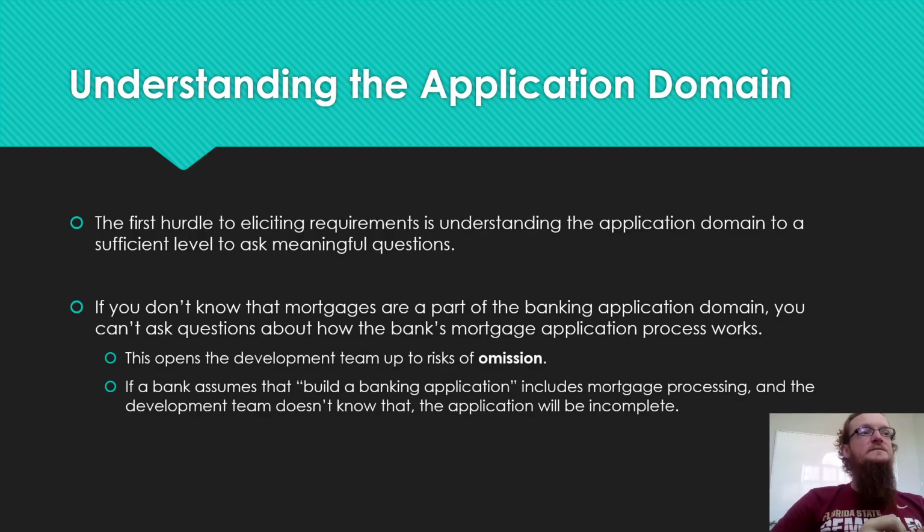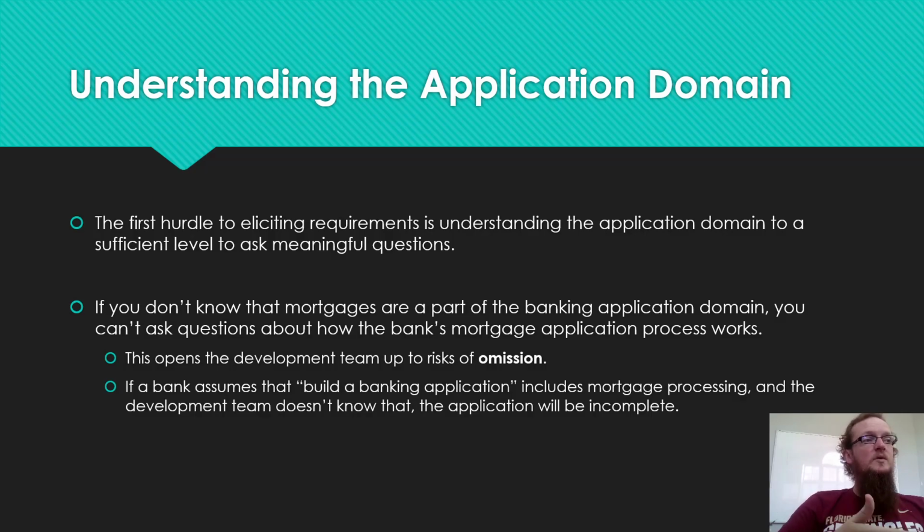And what this does is it opens the development team up to risks of what are called omission. So if the bank forgets to put the stakeholder for mortgages on their business team, then potentially you could go through an entire project and have a project that is very good at investments and at account management and at money markets and all these kinds of various things, but it could fundamentally just not have information about mortgages in it, which would be very, very bad.